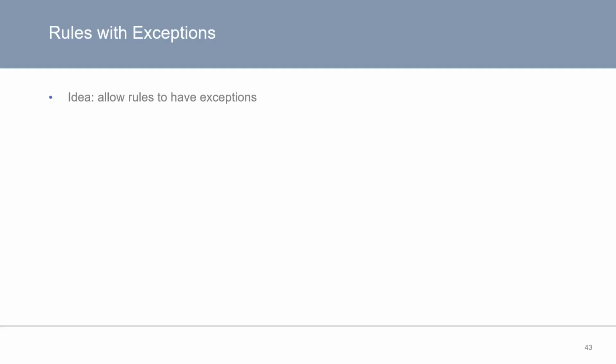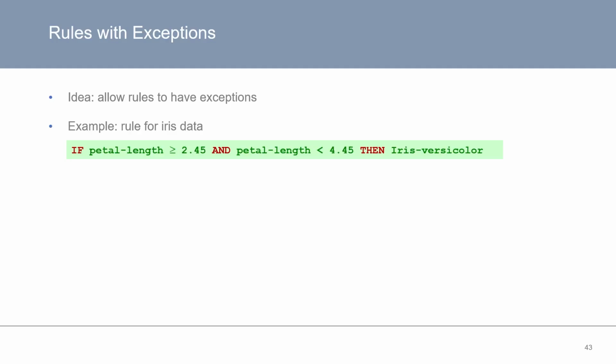Some uses of rules also allow exceptions. Let's take a look at an example using the iris dataset to get a better idea of how we might use exceptions. So here we have if petal length is greater than 2.45 and petal length is less than 4.45, then the class is iris versicolor. Let's assume at this point that all of the training instances we've looked at back this situation up.